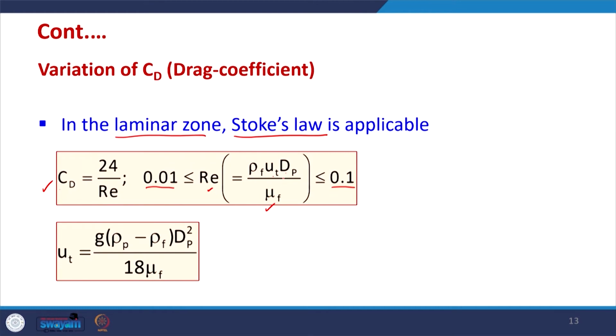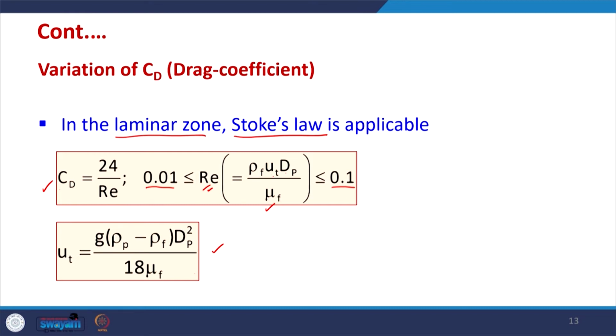If you solve it, we have ut on both sides, and this will be the final equation with respect to the Stokes law region. So, if the Reynolds number is only in this range, we can directly apply this particular equation for finding out the terminal velocity of a discrete particle.